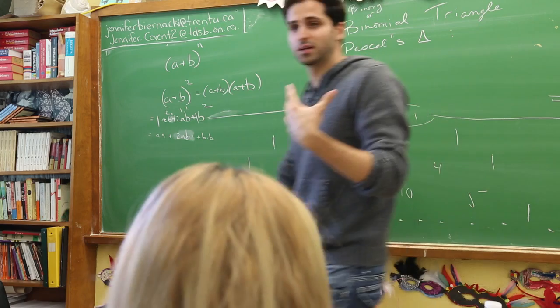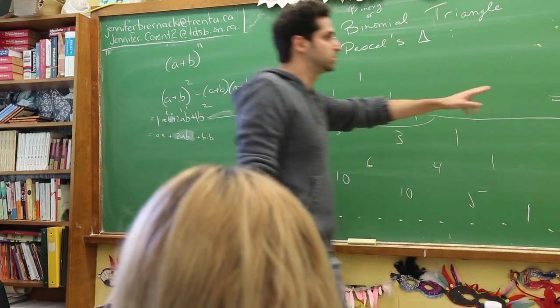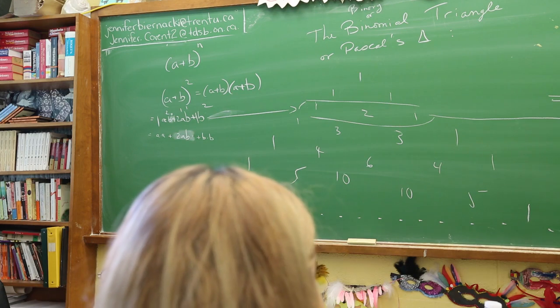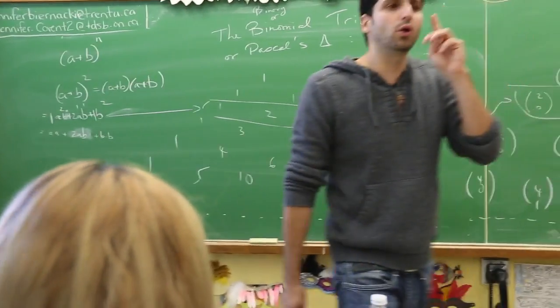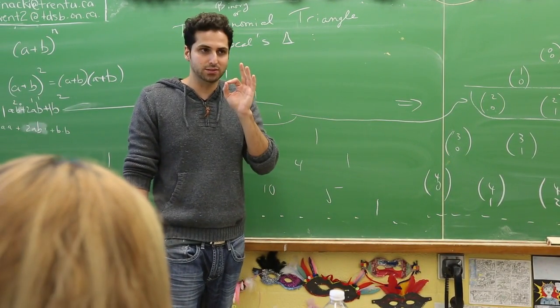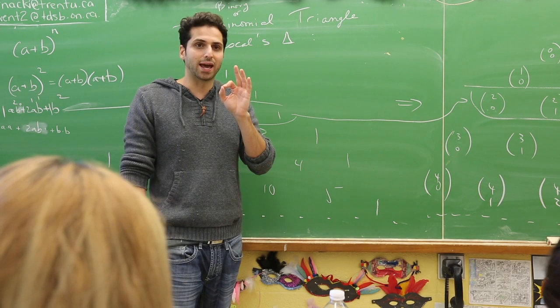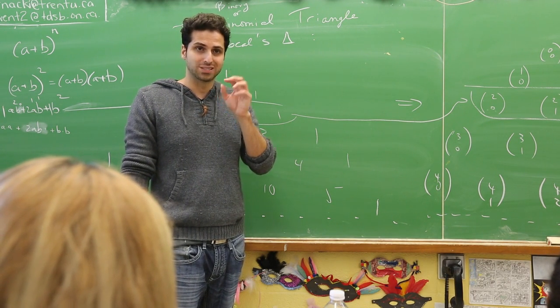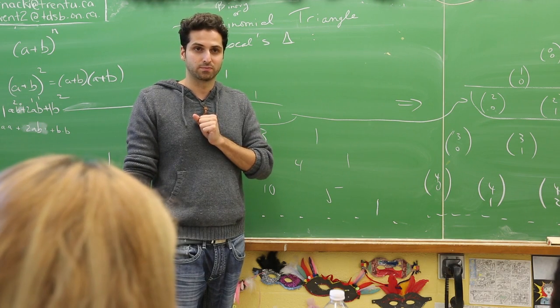So the way I like to think about it is 2 choose 0 corresponds to, now here's the kicker, the number of ways you can choose 0 B's.